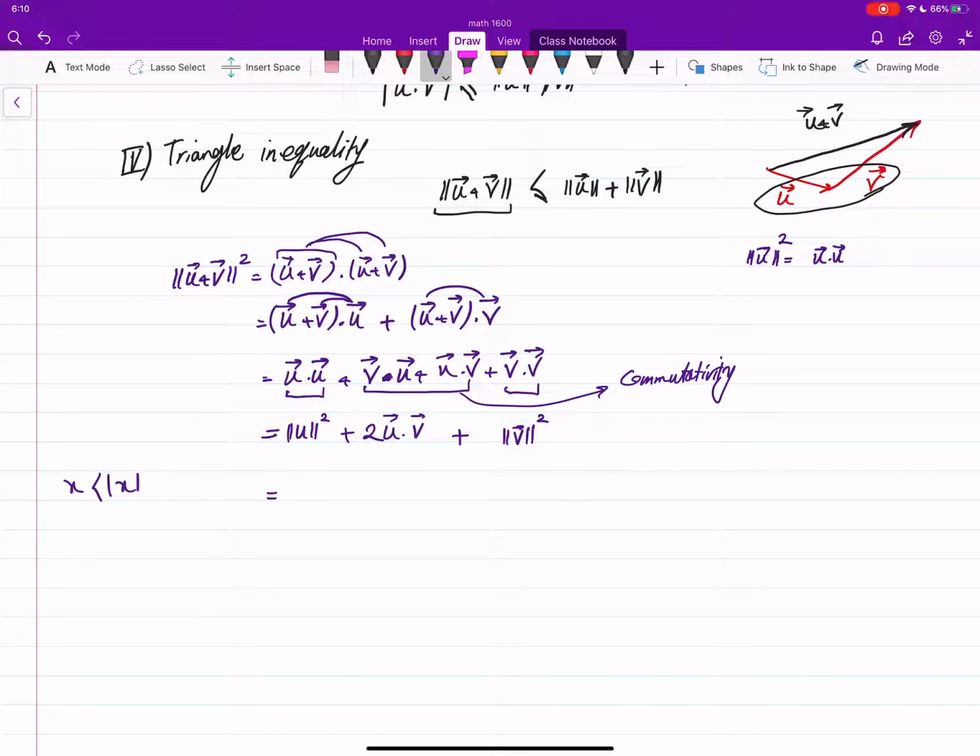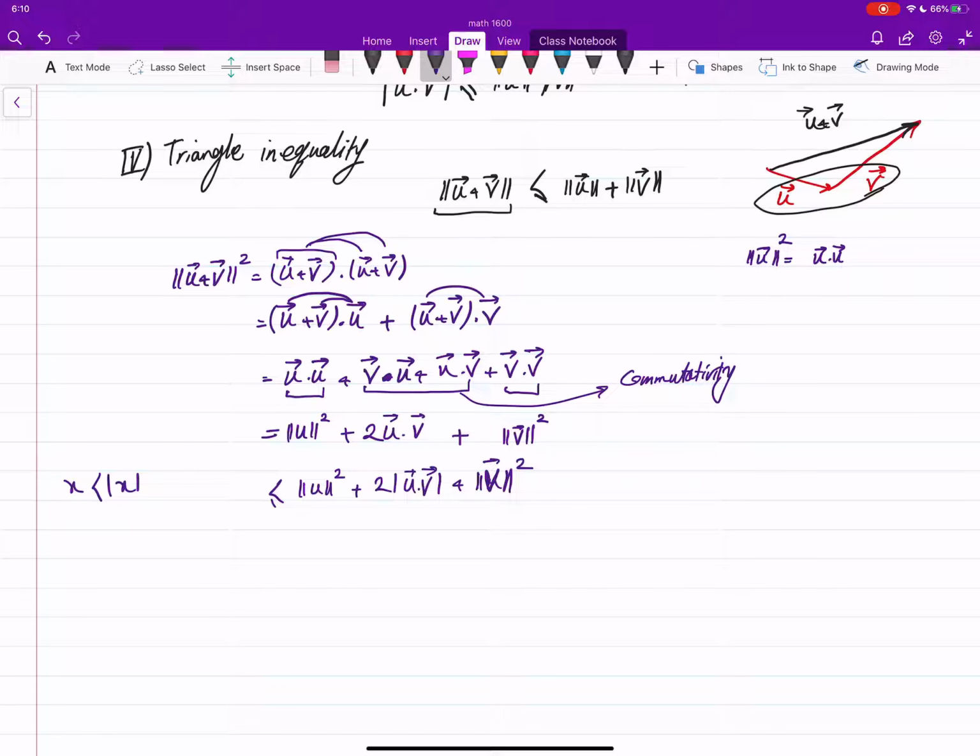So I can replace it by its absolute value, but we may get a bigger number. So 2 times the absolute value of u dot v, plus length of v squared.